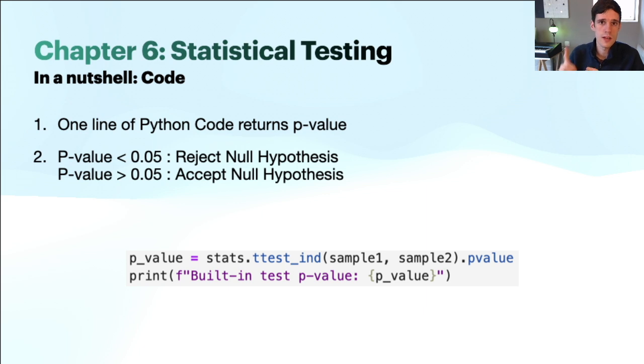You just have to look at one number. But there are just too many data scientists and other professionals that don't know the underlying reasoning and mechanisms of statistical testing. But fortunately, you are now not one of them, because at this point, you really understand what's going on under the hood. So let's dive into the code and get an even more intuitive understanding.